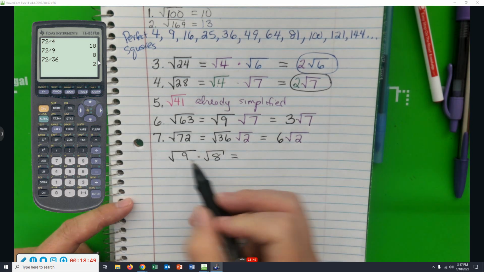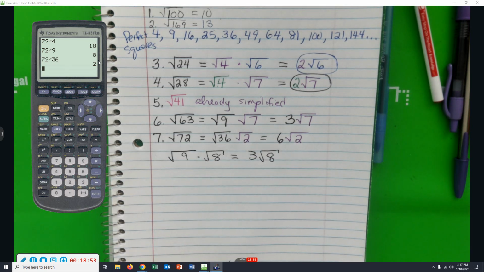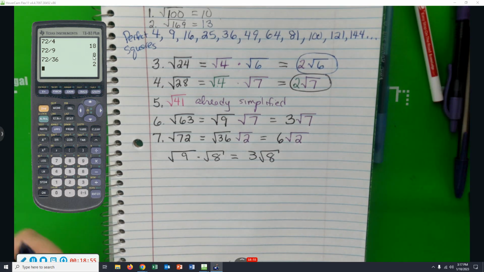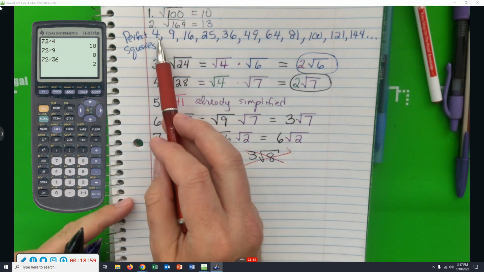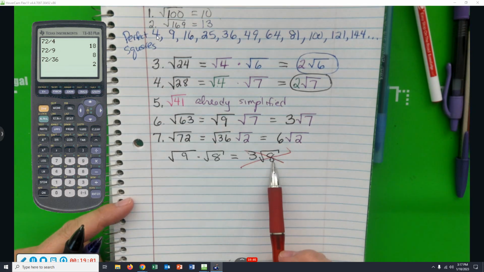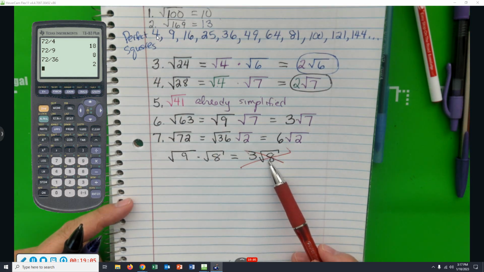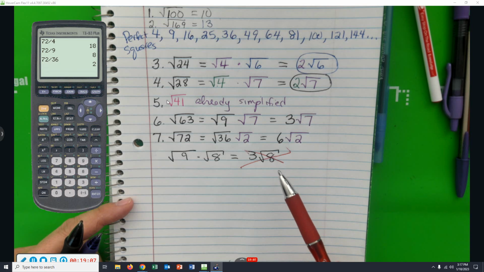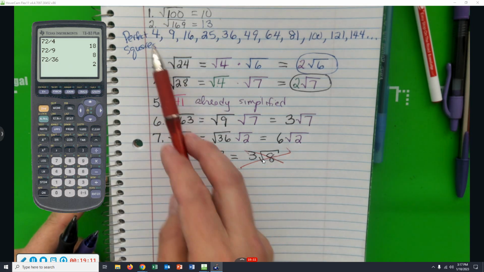And they say the square root of 9 is 3 and leave an 8 underneath. That is wrong because there's a perfect square that divides evenly into 8. Doesn't 4 divide evenly into 8? So this is not correct because you can reduce that 8 further.